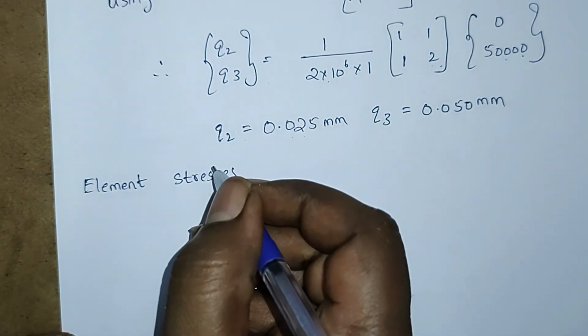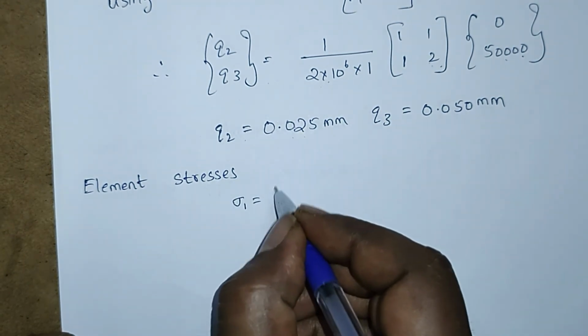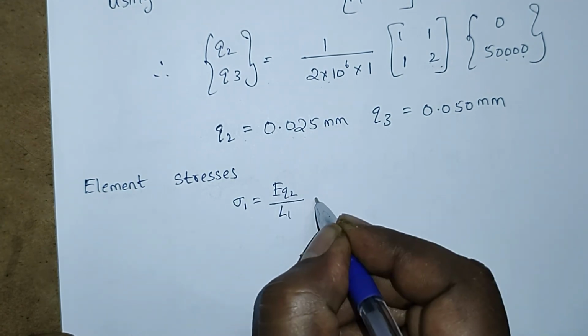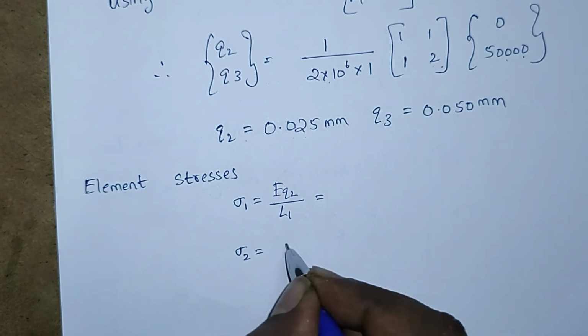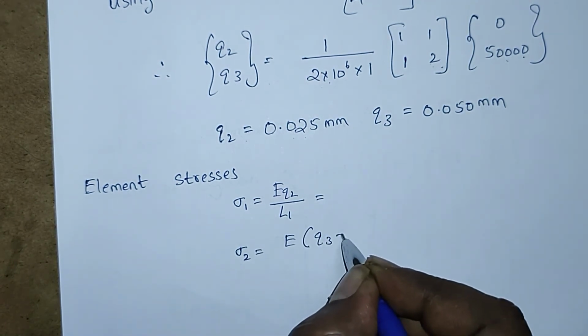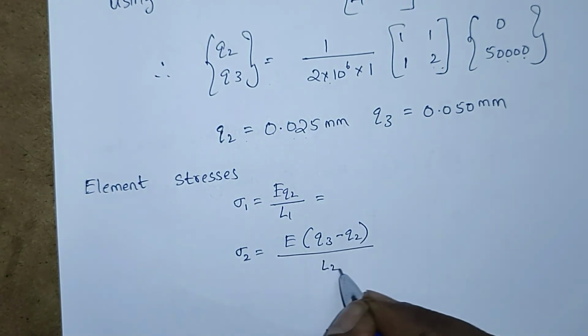What are the element stresses here? That is sigma 1, this is the formula, E q2 by L1, and sigma 2 is equal to E into q3 minus q2 by L2.